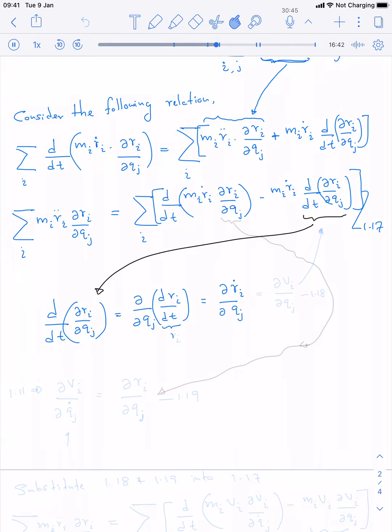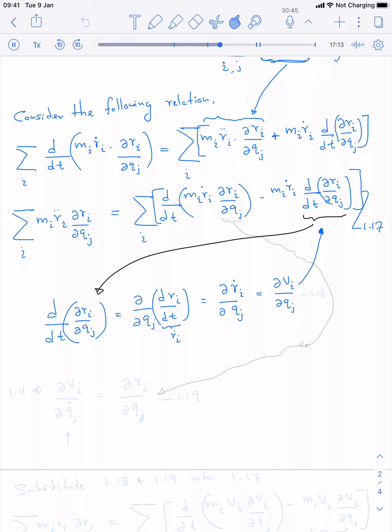Now Ri dot means the velocity, which means dabba Vi over dabba Qj. So we can substitute this expression in our next step.